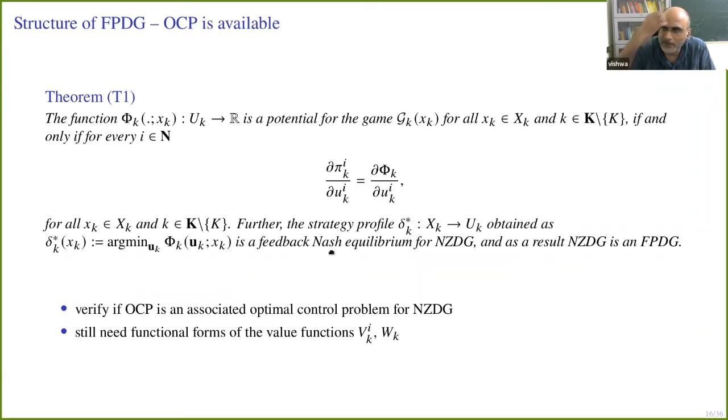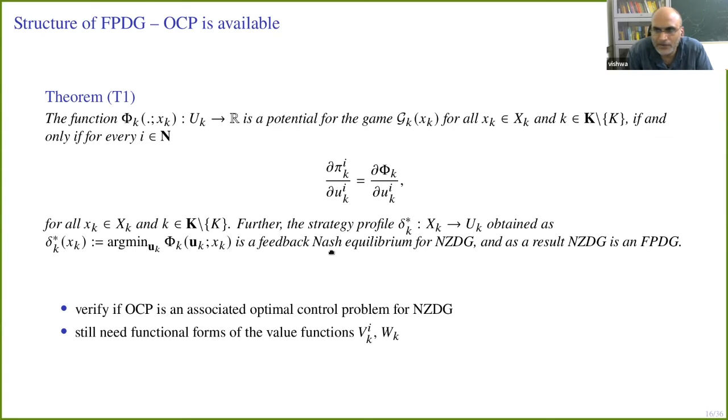Now once we have these notions, it's possible to give a condition for a potential game, the dynamic potential game with feedback information structure. Here we have reduced this entire dynamic problem to static problems through the dynamic programming equations at every stage k.